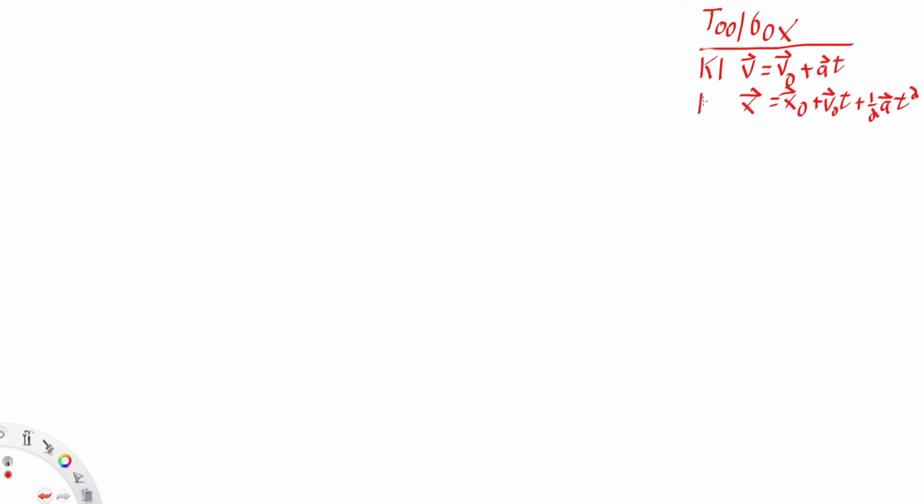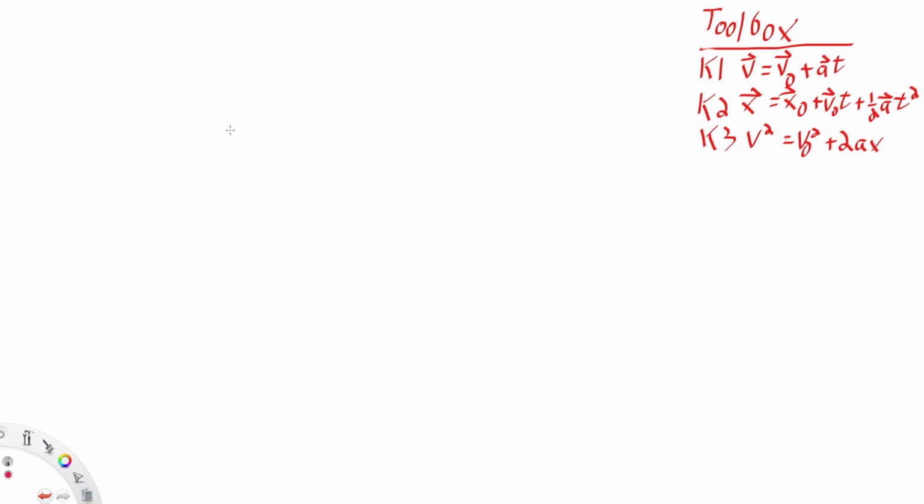And then lastly, we have a time-independent kinematic, which gives you the square of the velocity as a function of the initial velocity, acceleration, and distance. Okay, so that's our toolbox thus far in the semester.